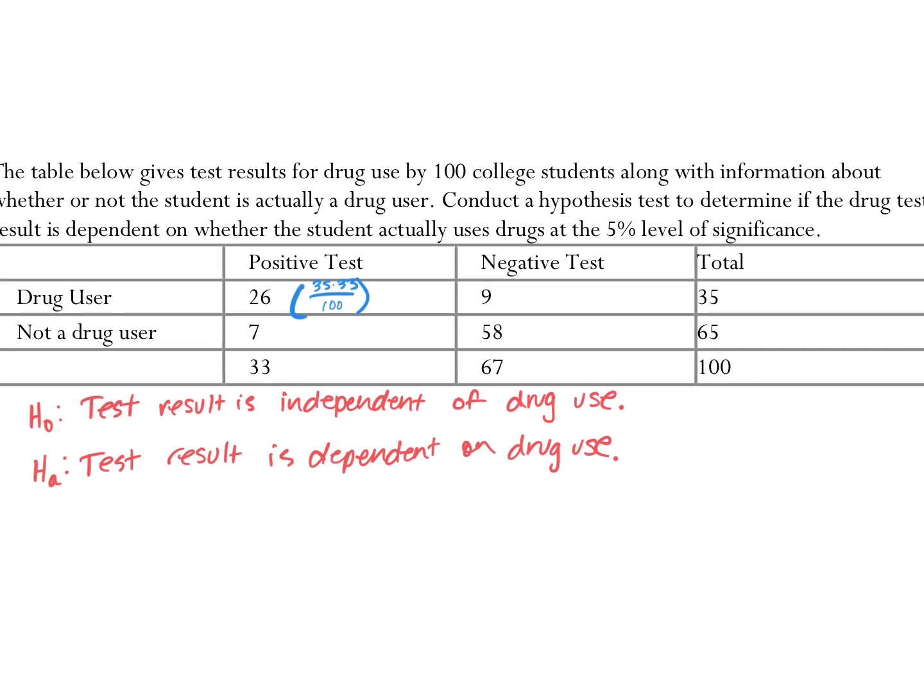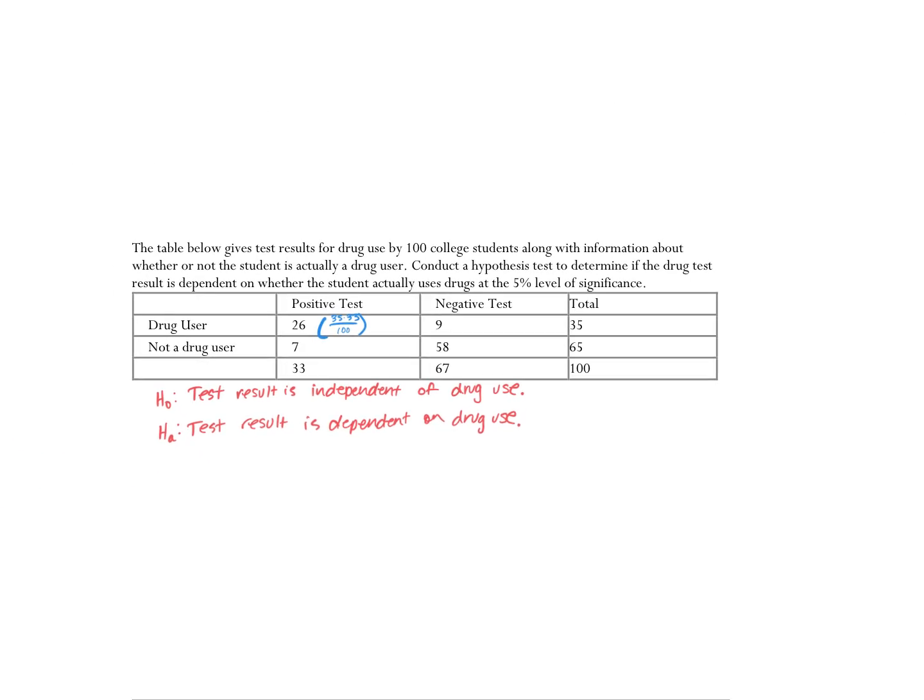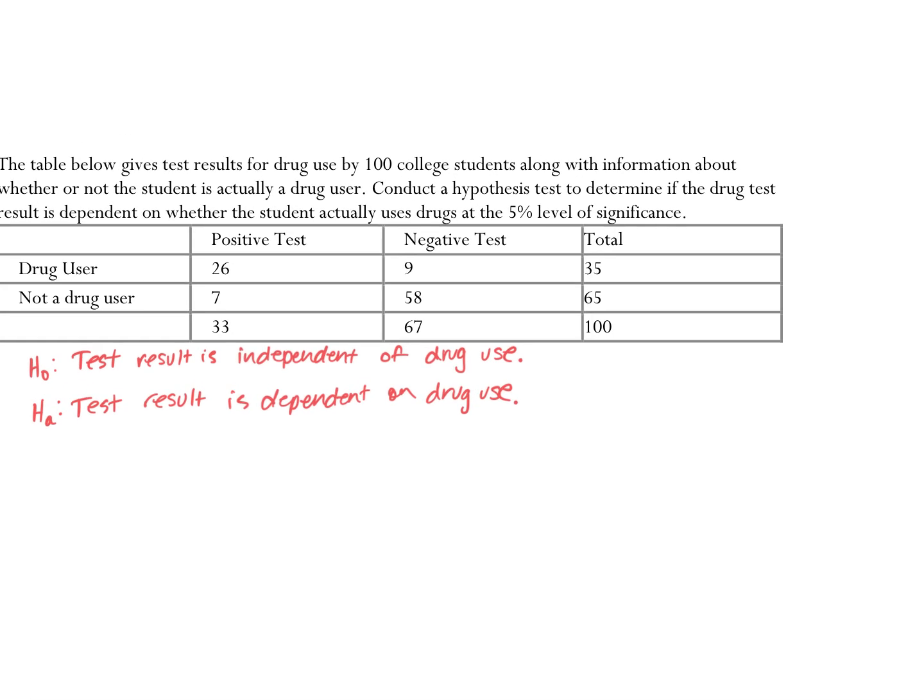So in order to use the calculator shortcut, what we need to do is give the calculator the raw data. One of the things we have to think through as we tell this to the calculator is that the calculator needs essentially this information.